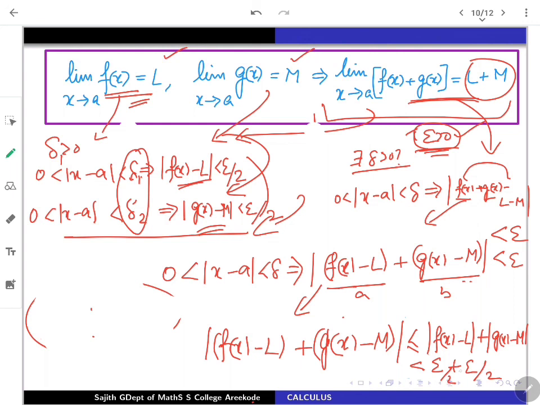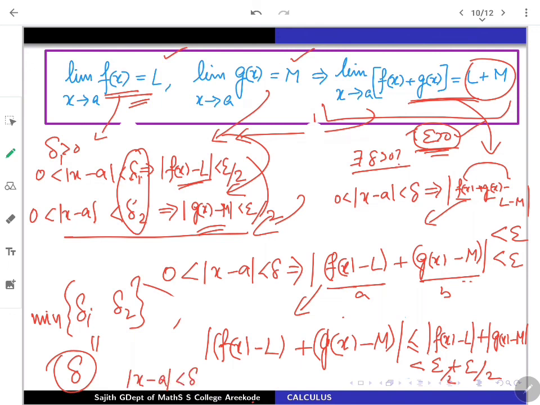This can be done because you consider delta 1 as well as delta 2, and among these two quantities, look for the minimum number. The minimum of delta 1 and delta 2 we will call delta. So what will happen if I just make |x − a| less than delta? Then it will certainly be less than delta 1 as well as delta 2.